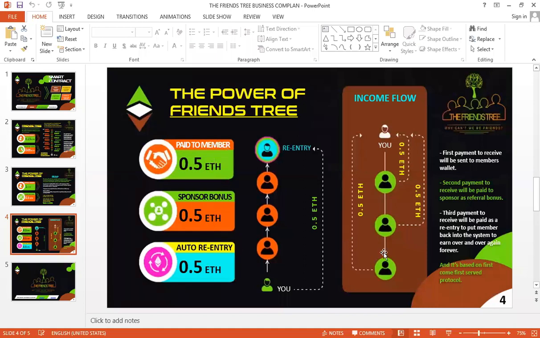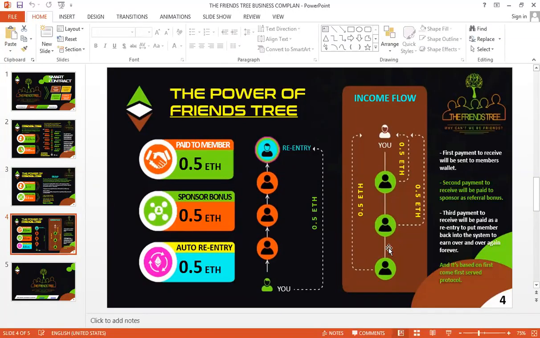And again, the second payment that you are supposed to receive will be sent to your sponsor as the sponsor bonus. So your sponsor will receive that payment. And the third payment that you are supposed to receive will actually be used to pay your way back as the re-entry, to put you back into the system and earn over and over again forever. And that is what we can see over here.